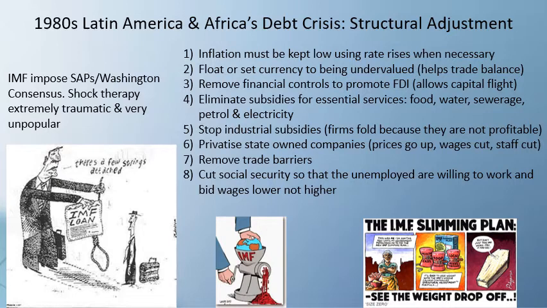Eliminating subsidies on essentials like food and petrol, and cutting social services and welfare payments, is designed to lower the cost of government so that you can lower taxes, but it's also designed to make being unemployed very uncomfortable, right?